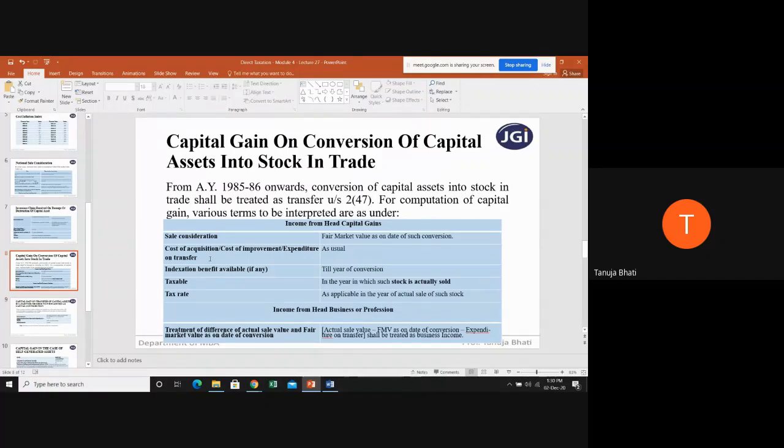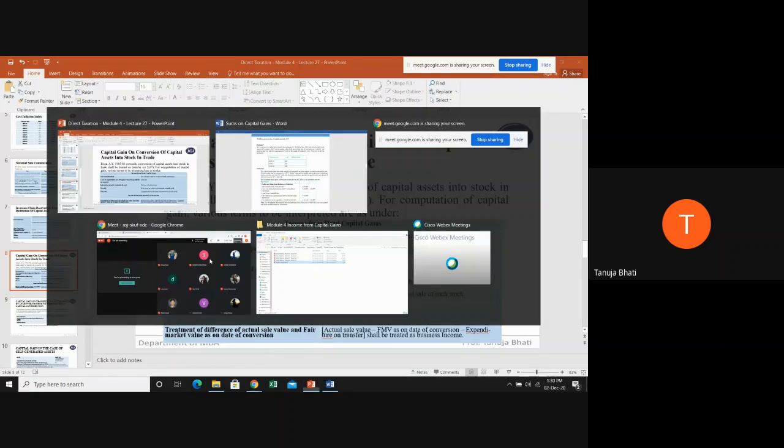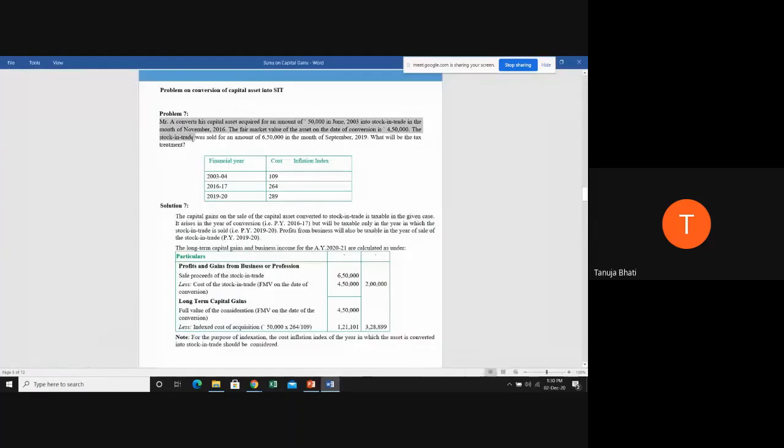So keeping this provision in mind, let us quickly start solving the problem. Mr. A converts his capital asset acquired for an amount of 50,000 in June 2003. So can anyone tell me, what is this 50,000?